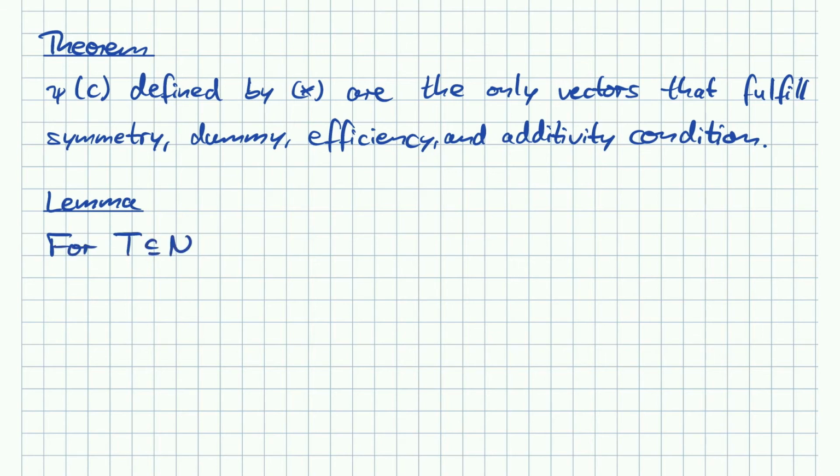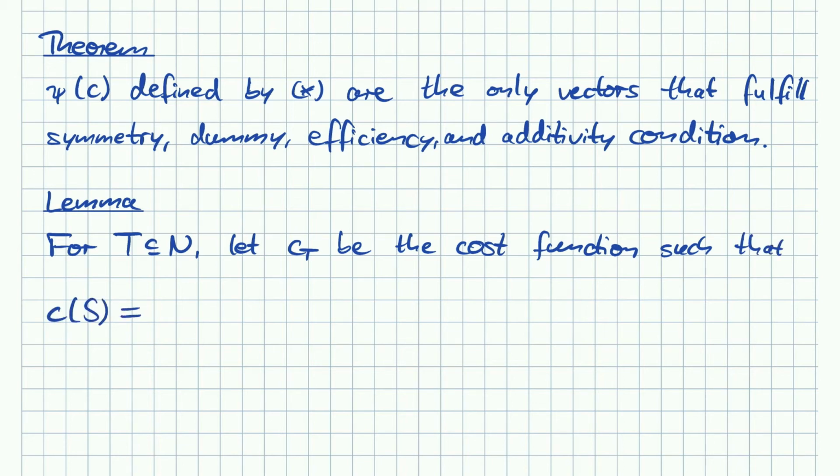Let's consider a set T of agents, and for that let Ct be the cost function such that C of S will be 1 if S is a superset of T and 0 otherwise.